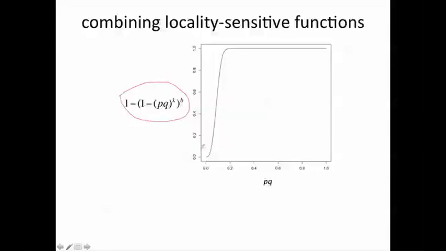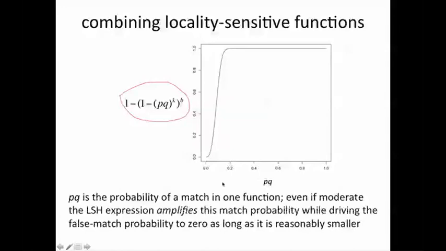This particular function, as you can see, is a very steep one, with the result that this particular value pq, which is nothing but the probability of a match in one of the locality sensitive functions f, is amplified.